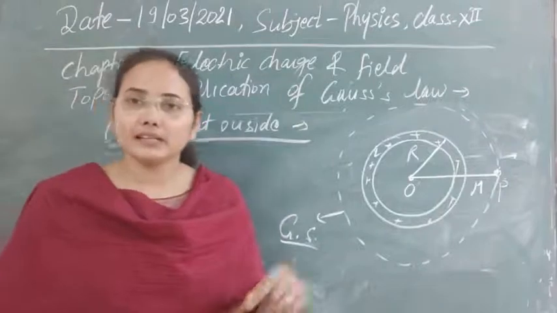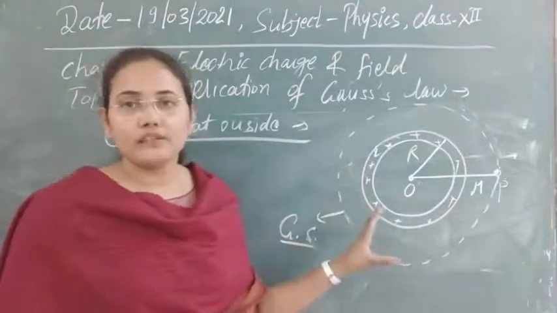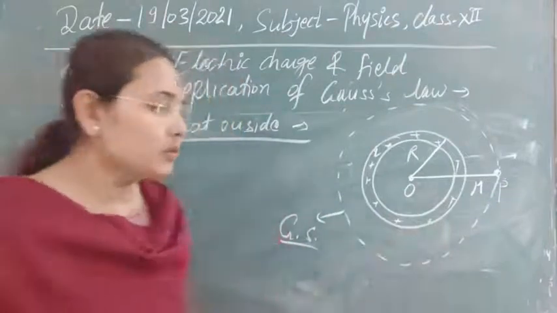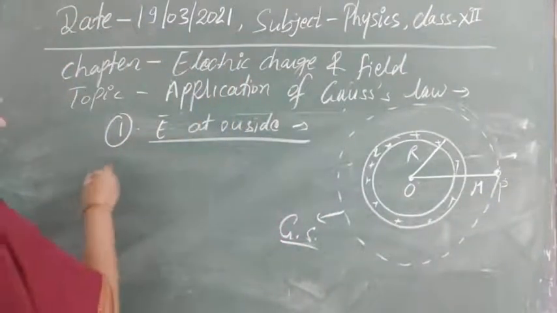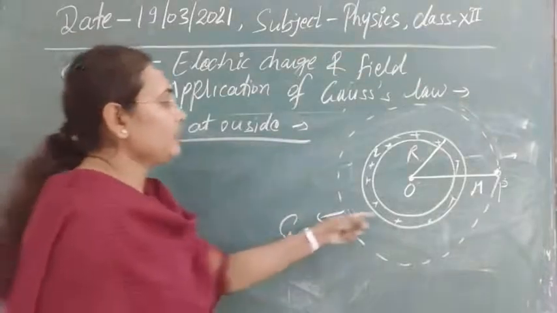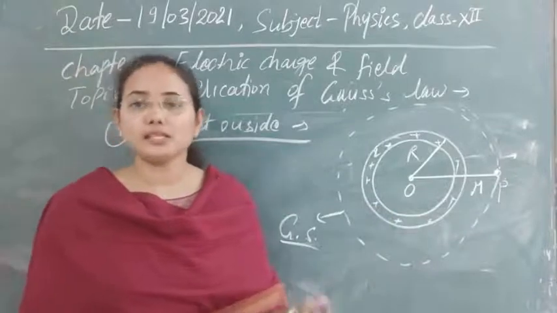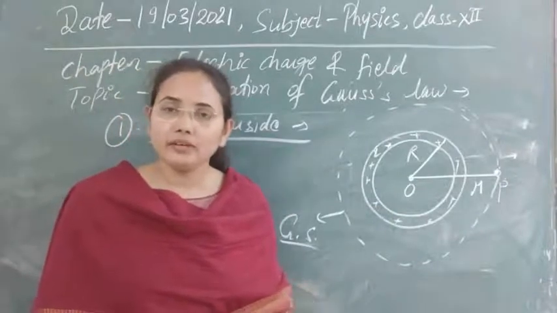Simply, we can apply the Gauss law of electrostatics in this case also. One more thing here: as it is a spherical shell, it is again a two-dimensional thing, so we will have a surface charge density.